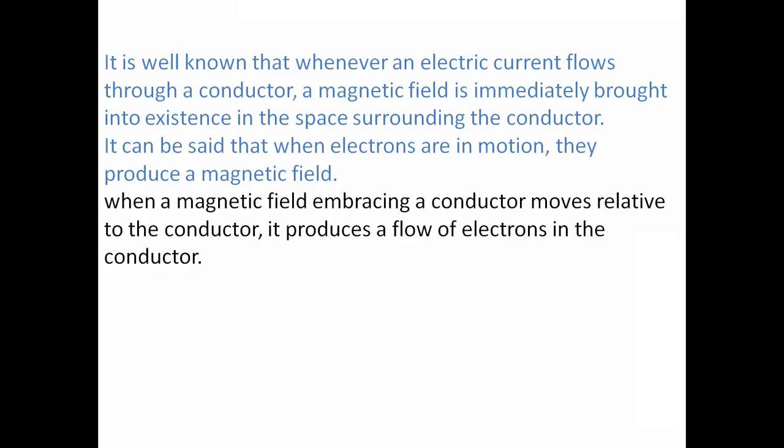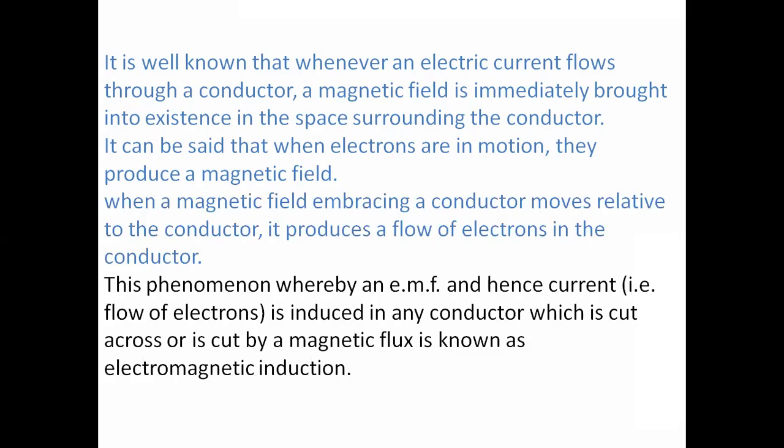Similarly, if a conductor is placed in a magnetic field and that conductor is moving with respect to this magnetic field, then there is a movement of the electrons in the conductor, which gives the generation of current.